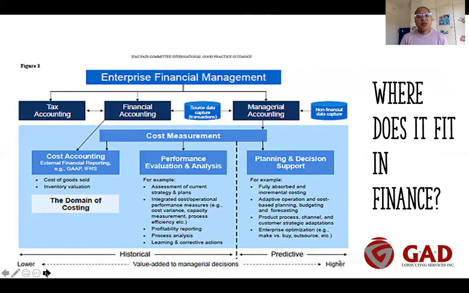So where does it fit in terms of the finance function? It basically fits in between performance and evaluation analysis, plus planning and decision support. In your business, you should not be making any decision unless you know the current status quo of that thing, how you are going to manage it, and what influences that item in your books before you actually make a decision.